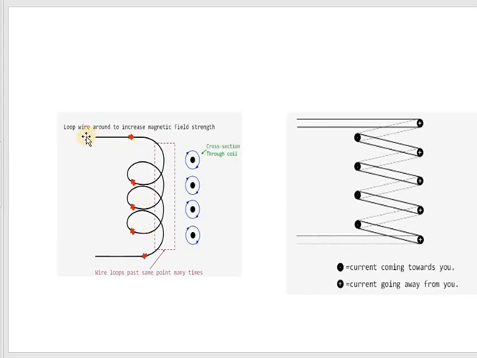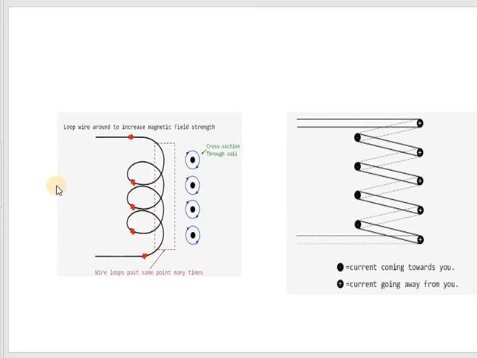Basically, a wire is looped or wrapped around an iron core and creates many parallel lines of electrical wire. When an electrical current passes through a long hollow coil of wire, there will be a strong magnetic field inside the coil and a weaker one outside the coil.